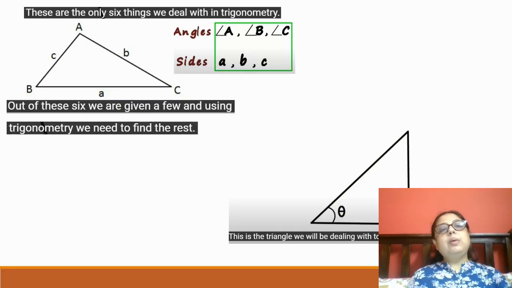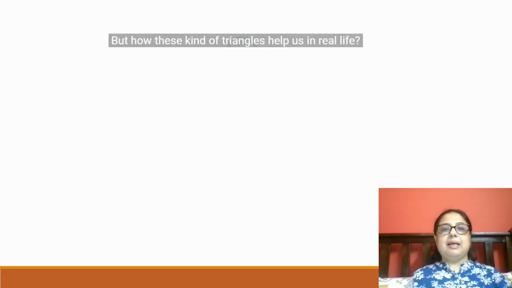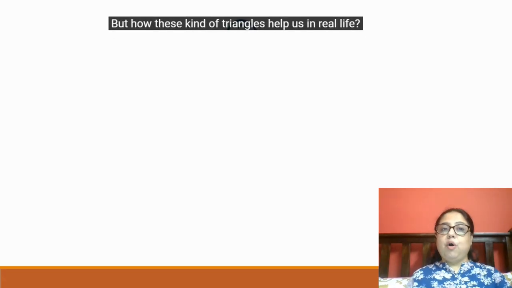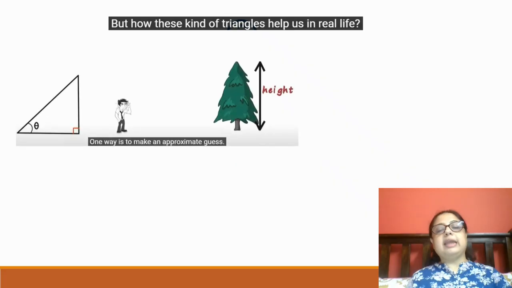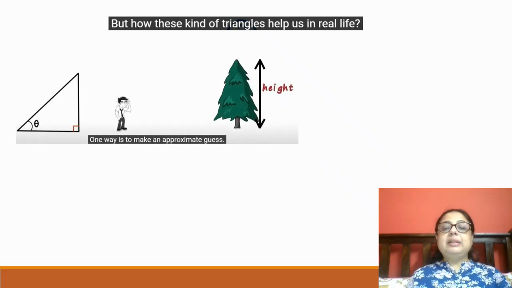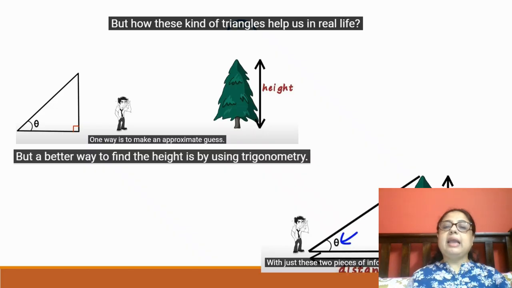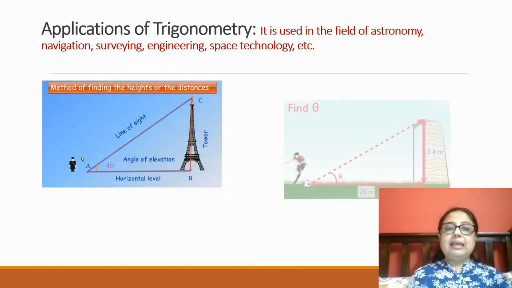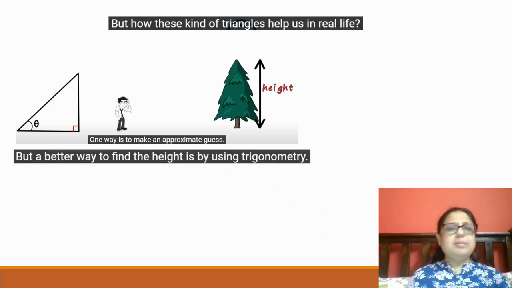Okay. Now let's see how trigonometry is used in our real life. The application of trigonometry. Let us see a very simple example. There is a boy named Zen. He wants to find the height of the tree. But the tree is very tall, so he cannot climb the tree and measure. So he can guess the value, he can give an approximate value.